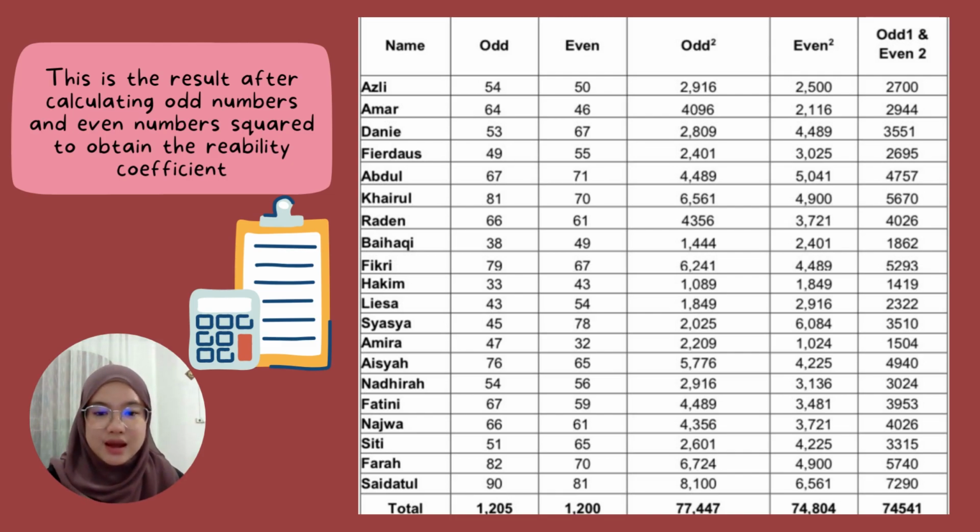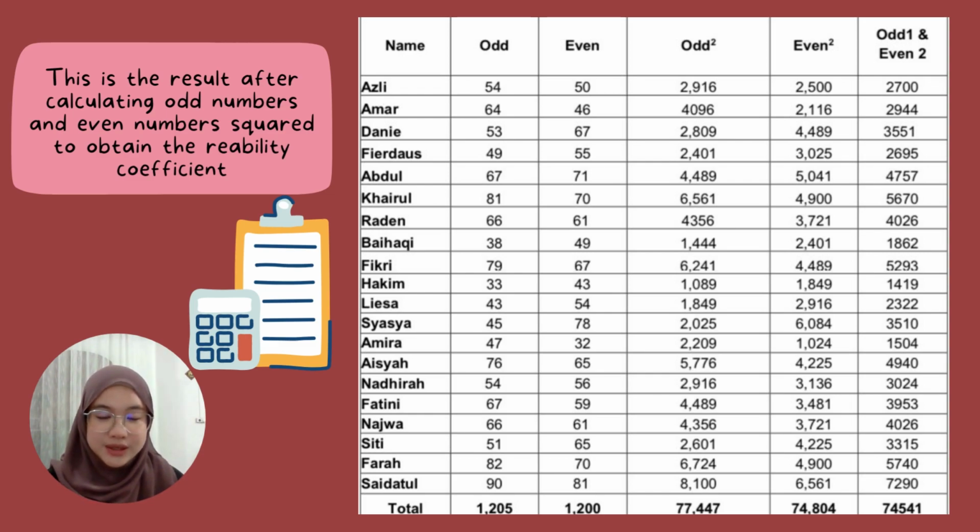Last but not least, this slide shows the result after calculating odd numbers and even numbers squared to obtain the reliability coefficient. For Azli, the odd number is 54, the even number is 50. 54 square equals 2,916. 50 square equals 2,500.